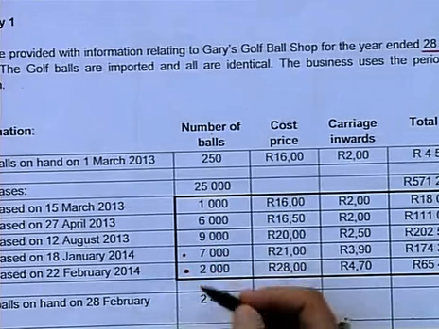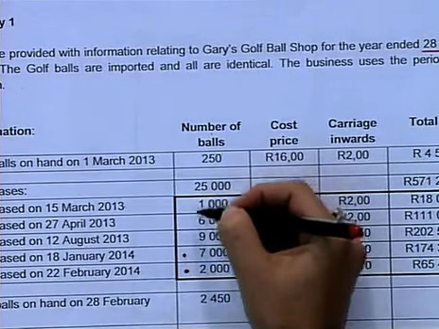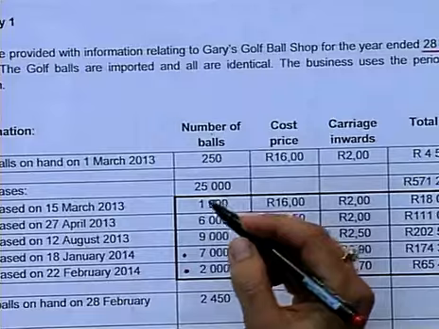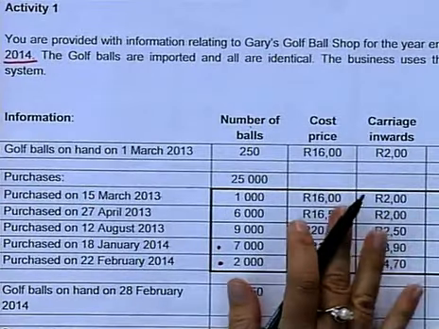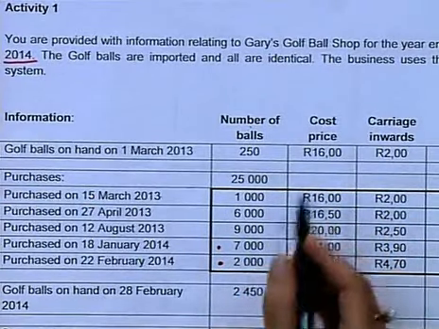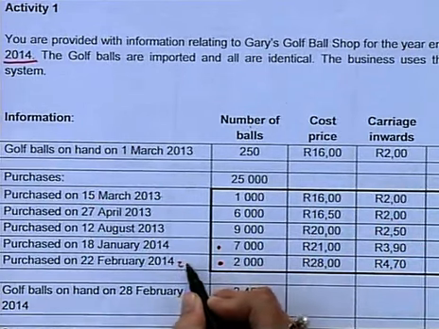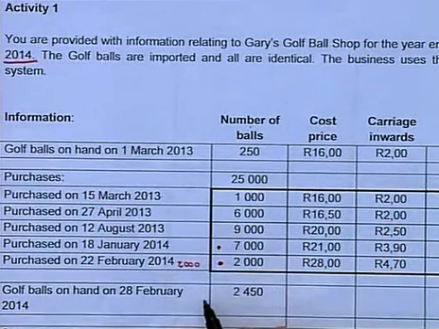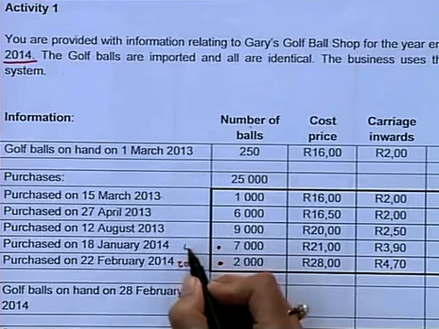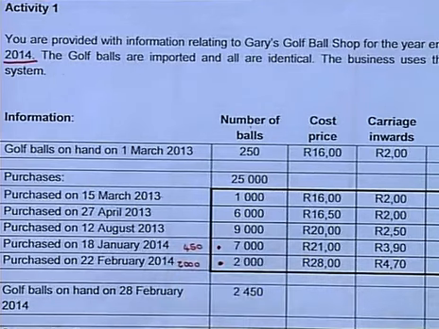So I can actually calculate it from the bottom, because remember, all of that would have been sold. If I have 2,000 left, it means that whatever is left from the last batch, 2,000 from this batch, 450 from that batch, which means 7,000 minus 450.